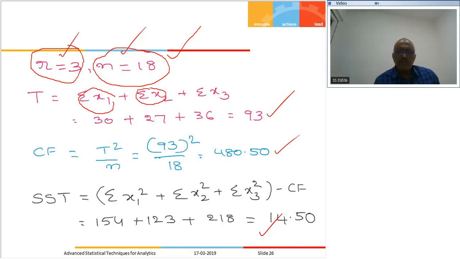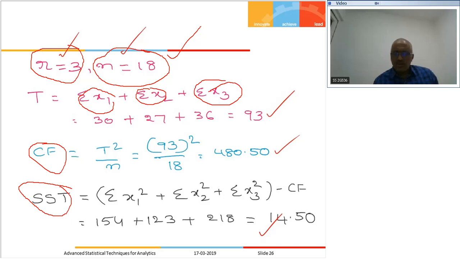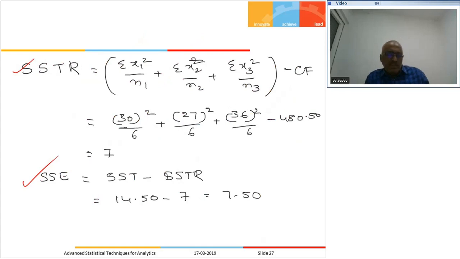Correction factor is T square by N, and SST is sum of squares total, summation x1 square, x2 square, and so on. I think maybe it is boring for you. And SSTR, that is sum of squares treatment, is between the groups. From this we calculate the sum of square errors.